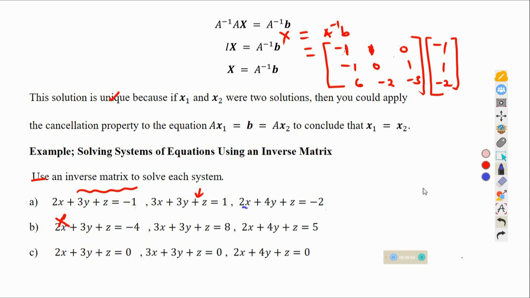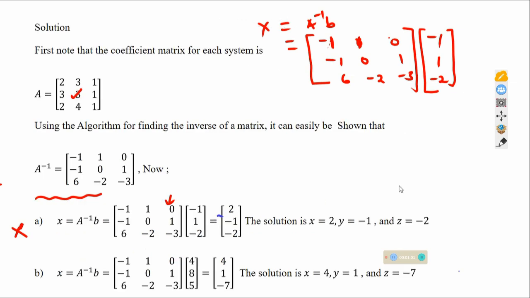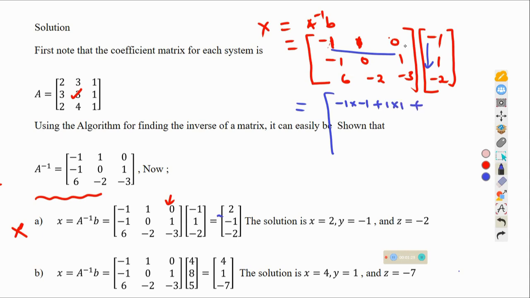Having that, we now need to multiply the two and remain with the value of X. So multiplying the two, we have A inverse multiplied by B. You multiply normally, row by column. So you multiply this row into this column: negative 1 times negative 1 plus 1 times 1 plus 0 times negative 2.